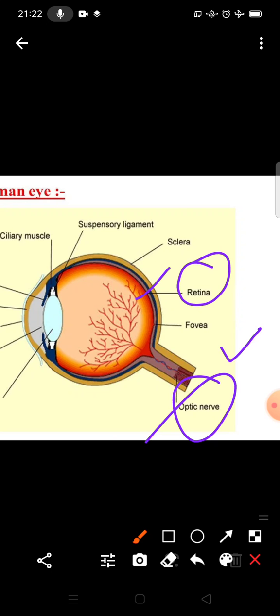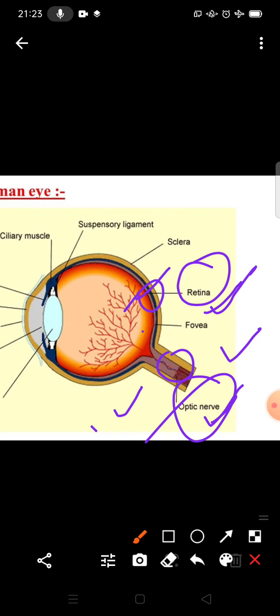There is a point where this optic nerve is connected to the retina. There are no rods and cones there, and it is called the blind spot. What is the blind spot? The blind spot is the point where the optic nerve is connected to the retina.